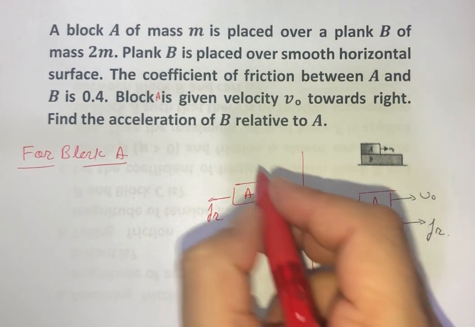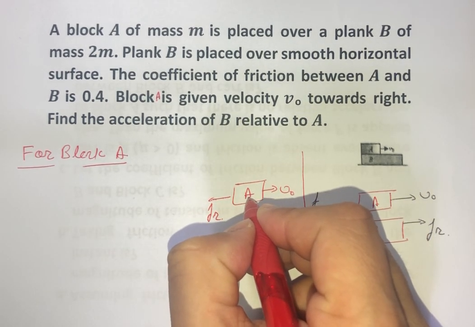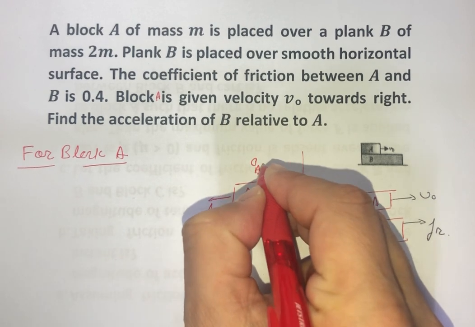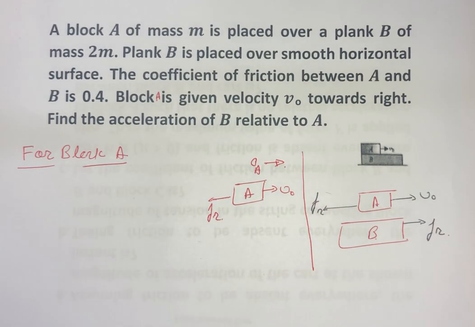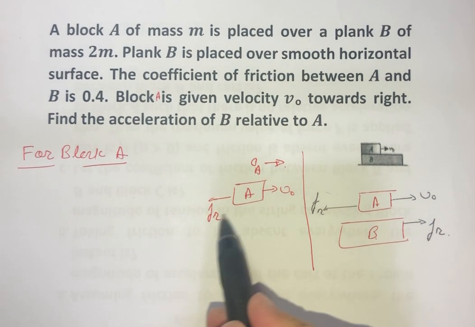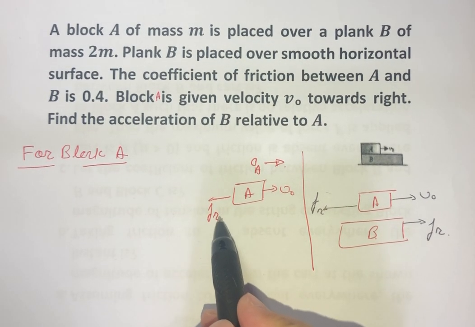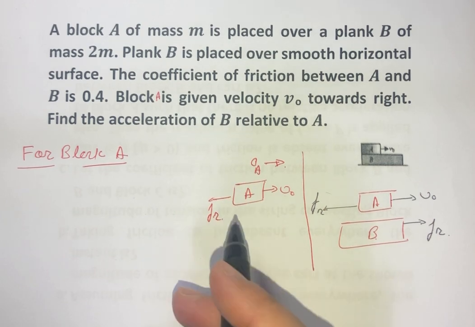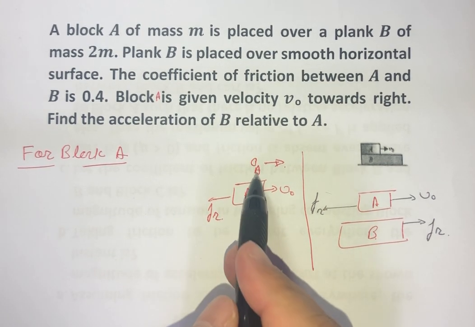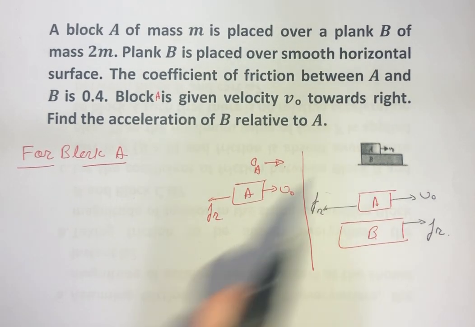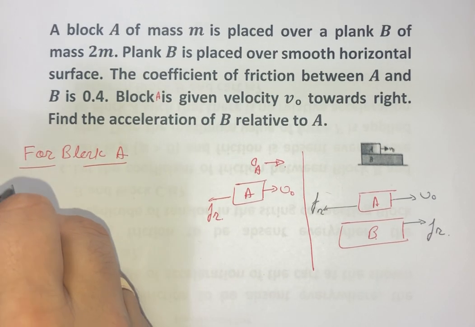And let us say that the acceleration of block A is given as aA towards right. From the free body diagram we can see that the frictional force will be acting opposite to the velocity. So basically this acceleration will be retardation.